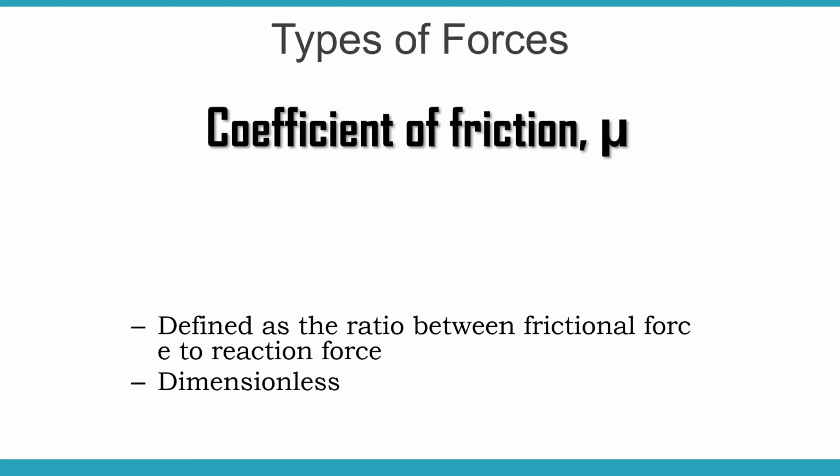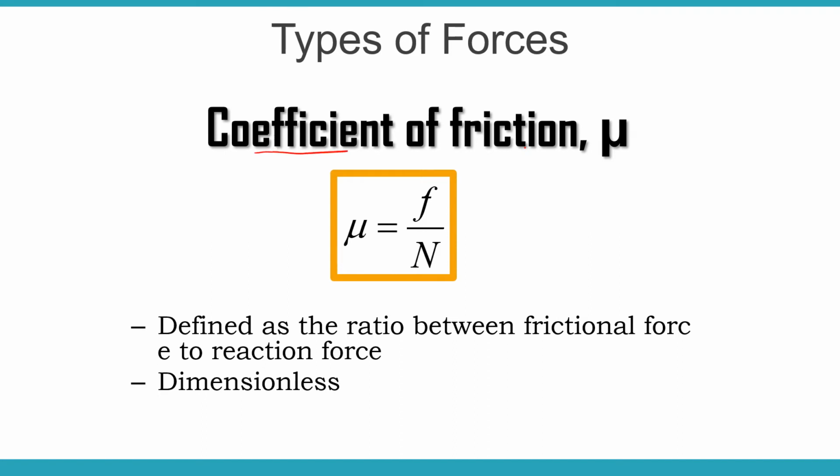Okay, this is the other types of coefficient of friction. Okay, dalam types of force kita ada frictional force. So dalam frictional force dia ada coefficient of friction, which is mu. Okay, so mu is defined as the ratio between frictional force to reaction force.